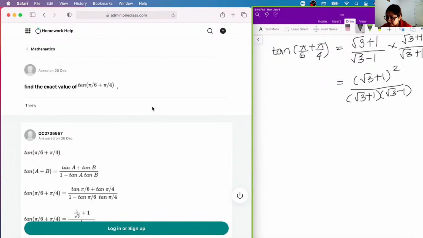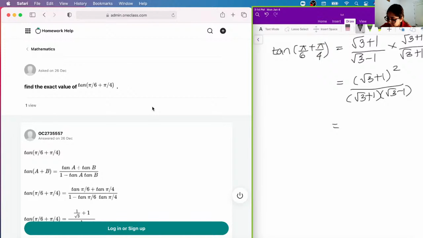And so further, we can evaluate this. However, if you guys recall, this is a perfect square. So the formula for this would be (a plus b) squared, which is a squared plus 2ab plus b squared.